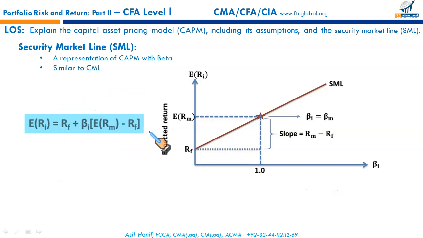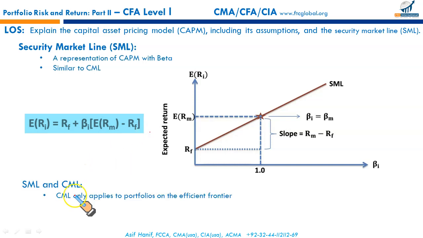This is your formulation of the security market line, the capital asset pricing model. And then some further notes on SML and CML. CML only applies to portfolios on the efficient frontier, whereas the security market line applies to any security, whether it is efficient or it is not.